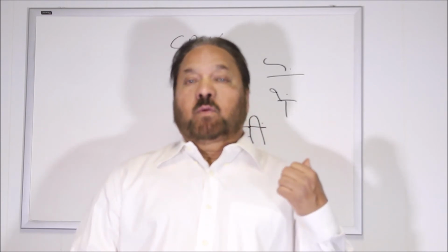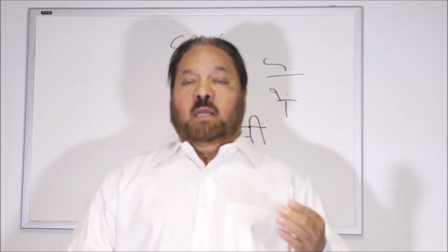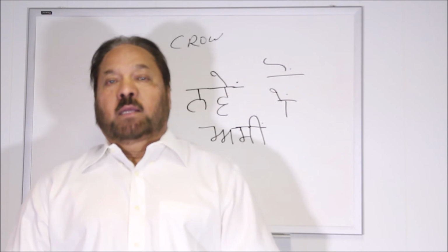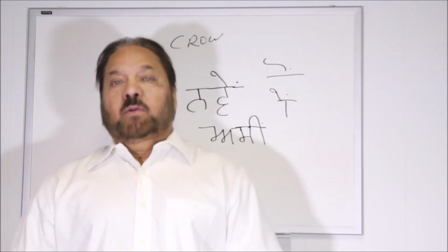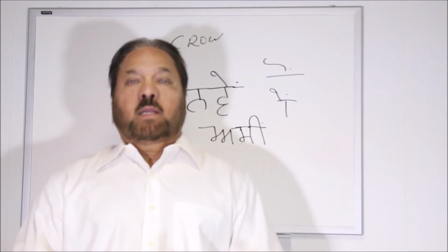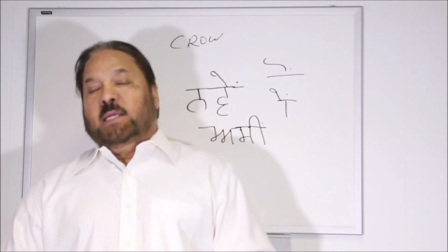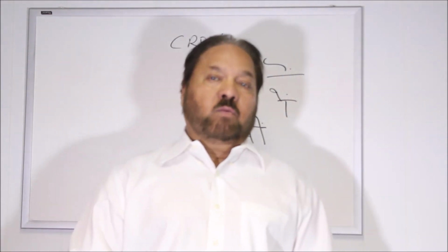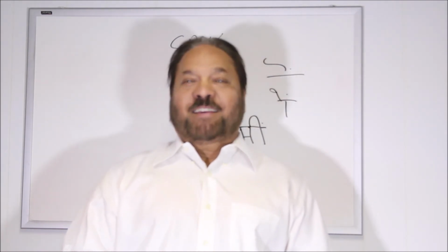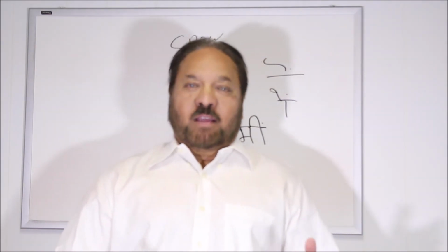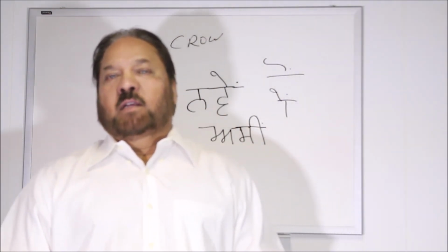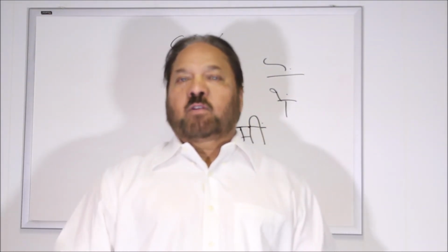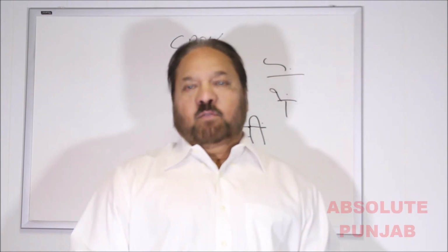But if you know the sound, how we make the sound with these signs with Matra, then it's easy for you to remember which one cannot be combined. As I said, when you start to learn a new language, you have to take what we call baby steps. You learn the language, we have to start from somewhere. We cannot be a doctorate of a language in a few days.